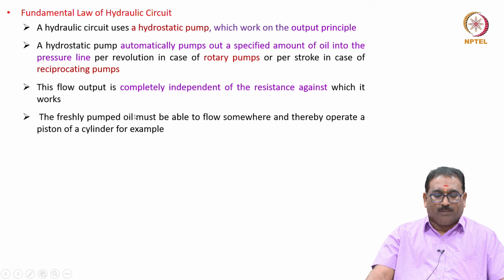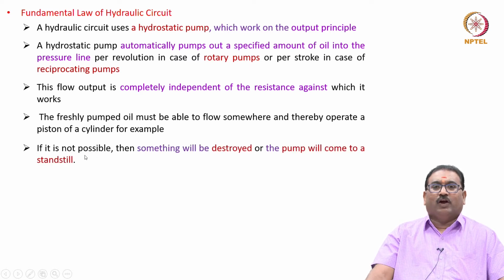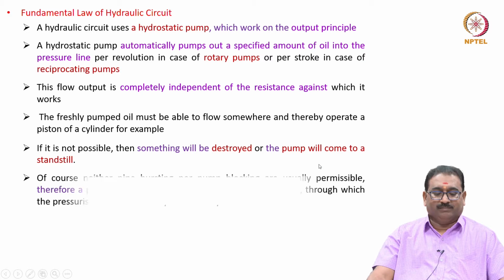The freshly pumped oil must be able to flow somewhere and thereby operate a piston of a cylinder, for example. If it is not possible, then something will be destroyed or the pump will come to a standstill.